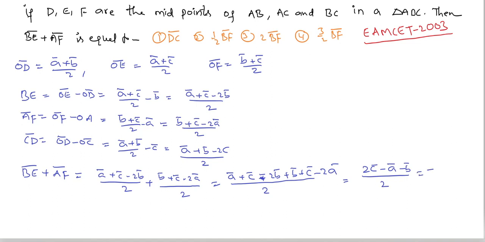Take minus common, that is minus of A bar plus B bar minus 2C bar by 2, the value is equal to minus CD bar. Minus CD bar is DC. So your first option is the correct answer.